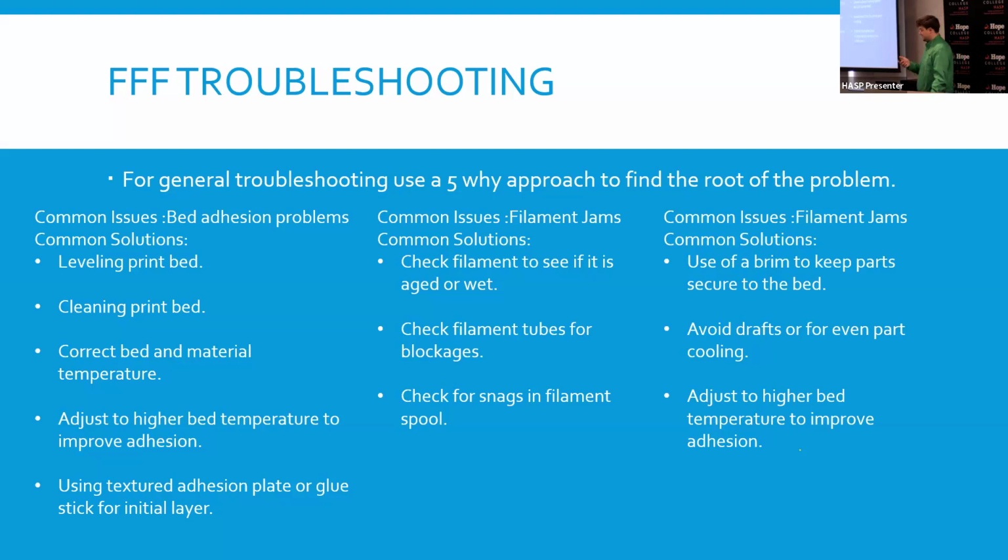So when that gets blocked and you don't clear them, you're not going to get it to the nozzle. Check for snags in the filament spool. So I have to admit, this has gotten me before.